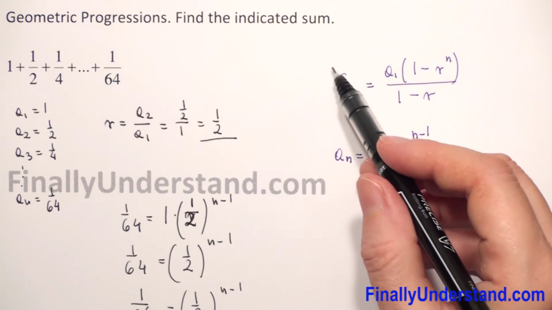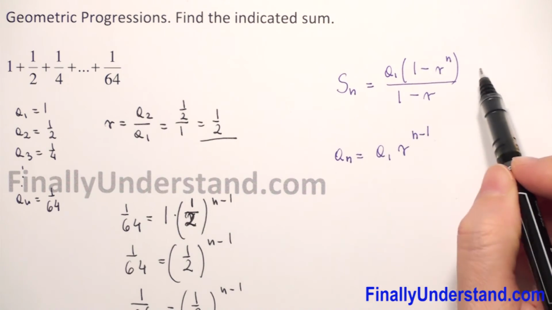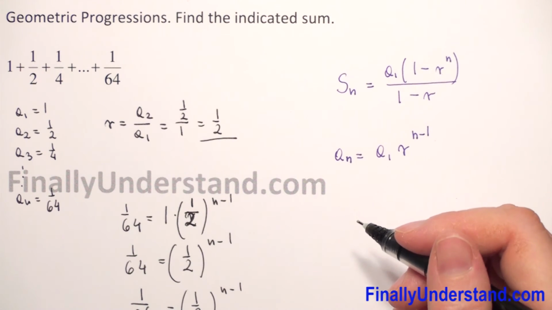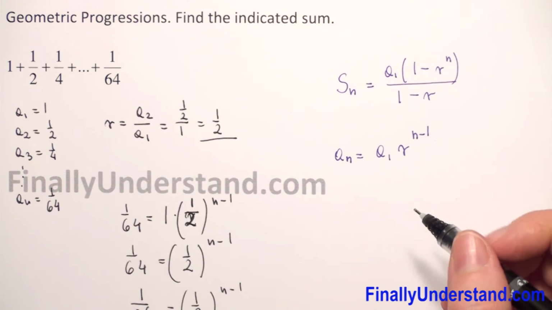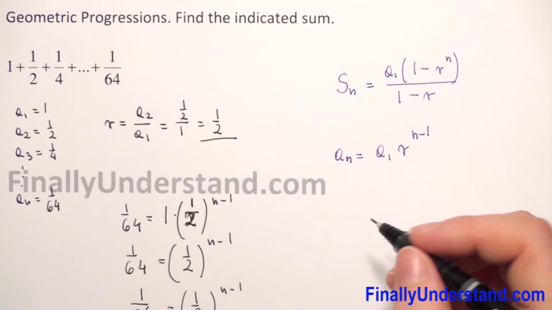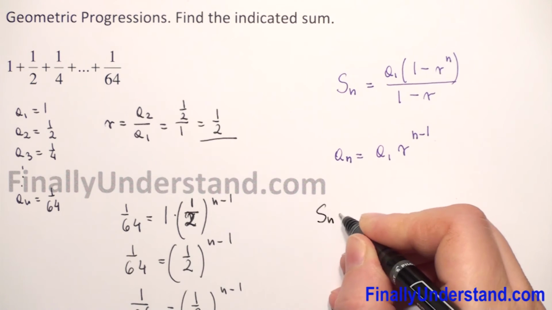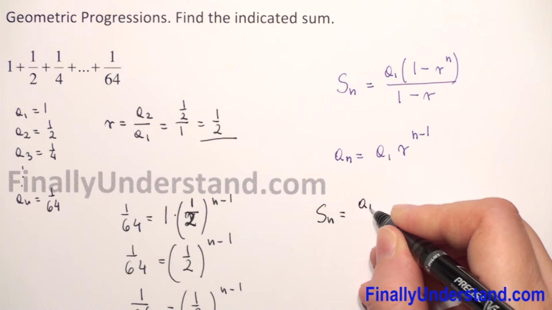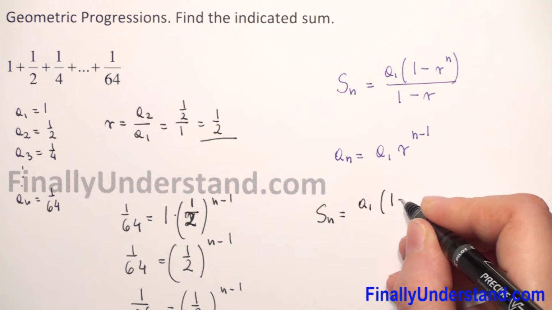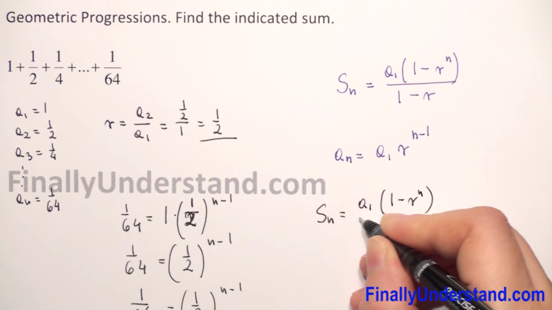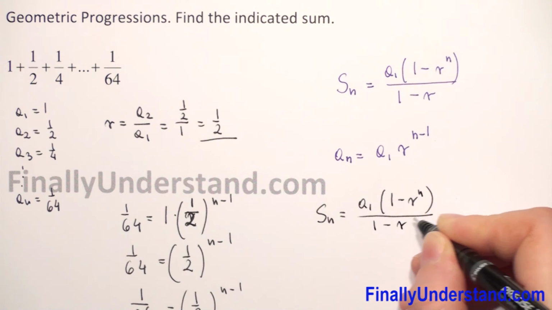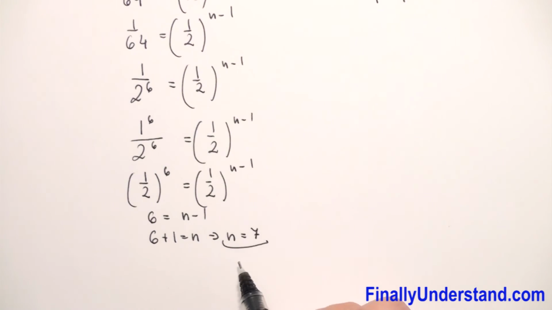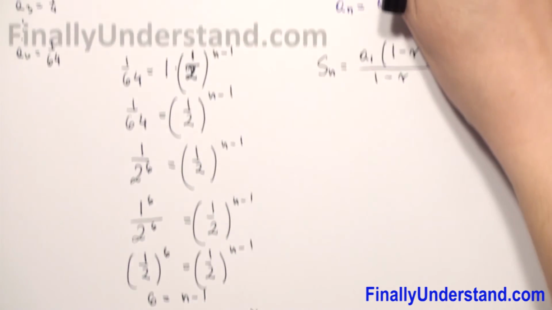So we will now use the formula for the sum, and we will calculate the sum of our geometric progression. Sn is equal to, let me copy this one more time, a1 times (1 minus r to the power n) over (1 minus r). In our example, we calculated that n is 7.